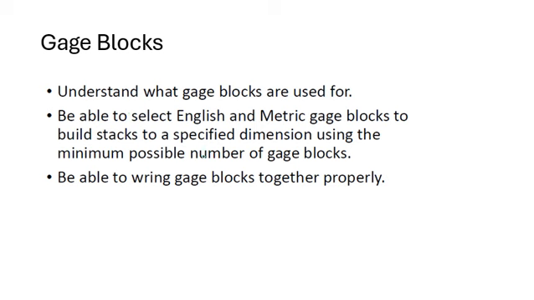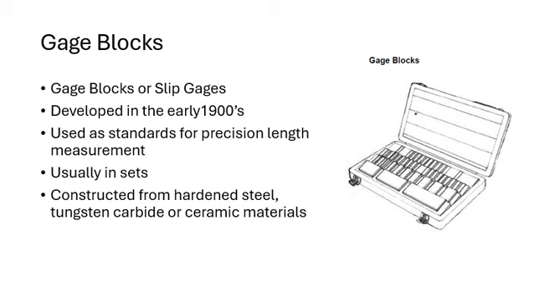Then we learned something about gauge blocks. Of course, we'll get into English and metric gauge blocks, and also we will take a look at how to ring the gauge blocks together properly. These are your gauge blocks, the slip gauges. They were developed for the first time in the early 1900s.